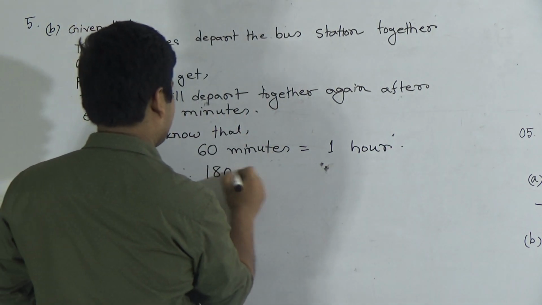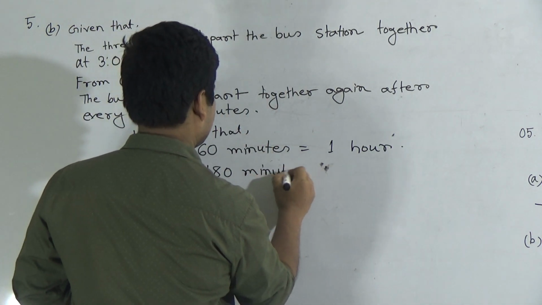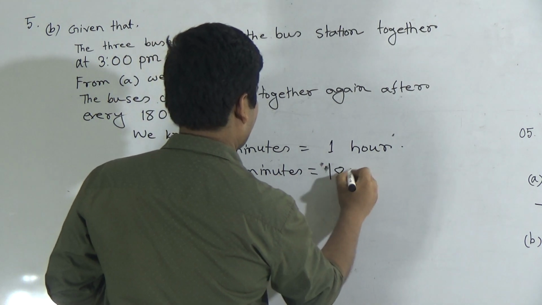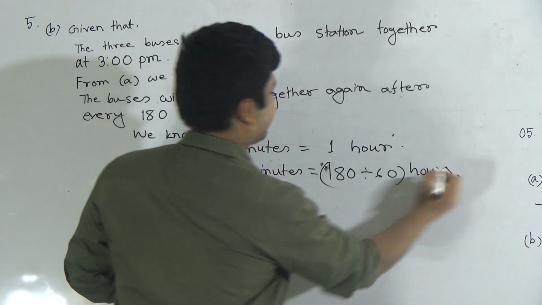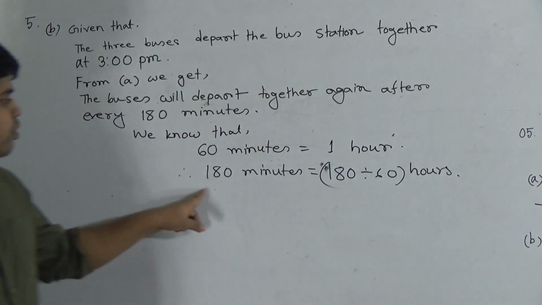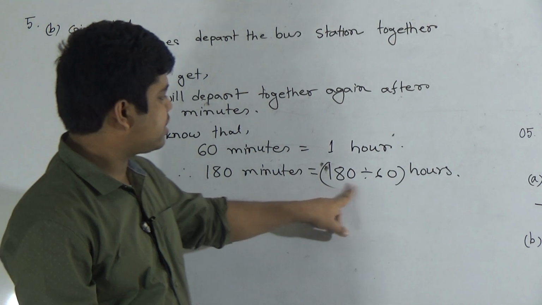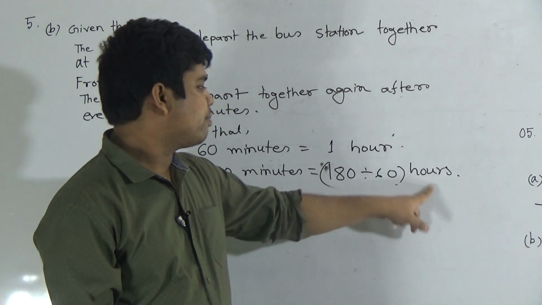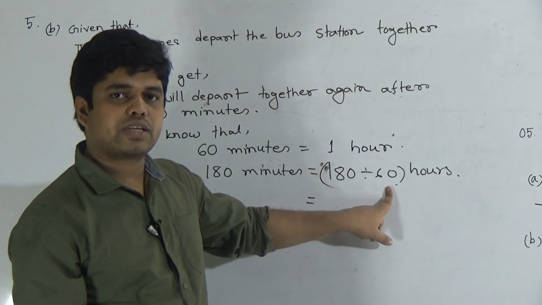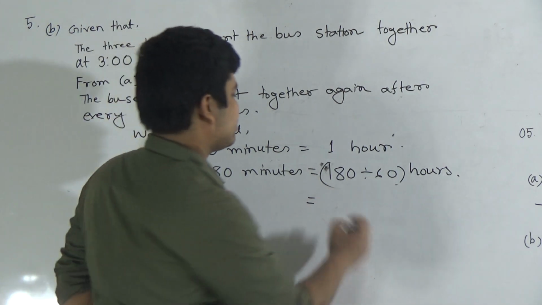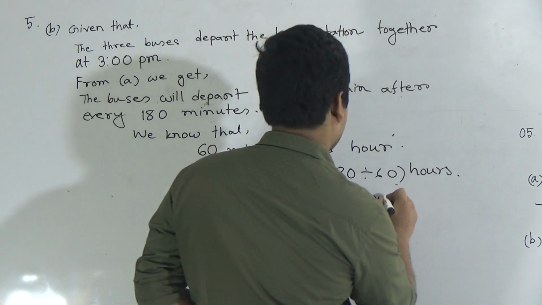Therefore 180 minutes equal 180 divided by 60 hours. Now notice in 180, 60 goes in how many times? 60 goes in 3 times, that means 3 hours.